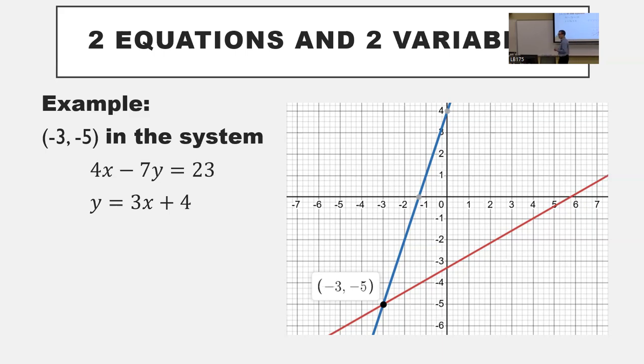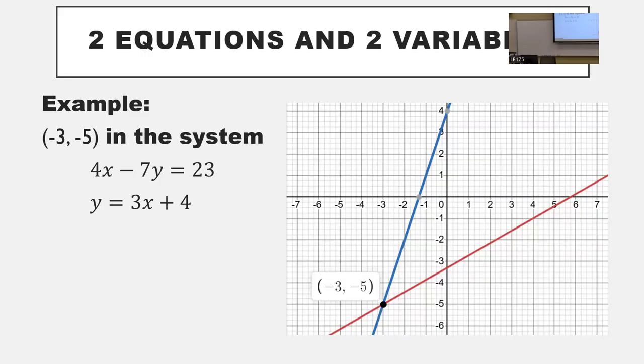Again, this is only going to be working with two equations with two variables. Then I get two lines. And where those lines cross is going to be the solution to the system. Because each line represents all the points that make the equation true. So for a point to make both equations true, it has to be a point on both of the lines. And that's the point of intersection.